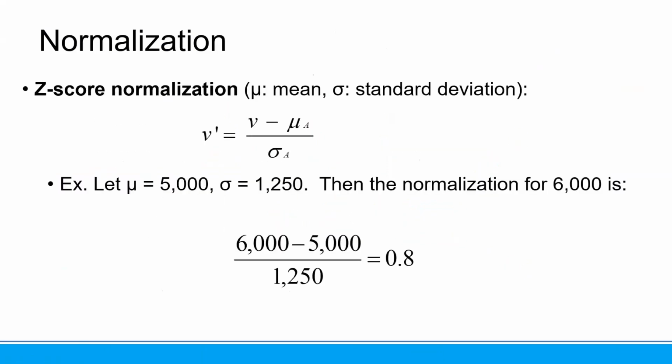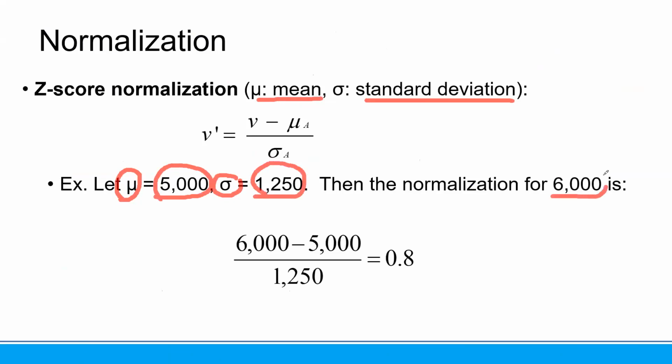Z-score. What is Z-score? The Z-score normalization is used if we know the mean and we know the standard deviation. So let's say I have the mu. Mu is the mean of the population, and then sigma is the standard deviation. The mean is 5,000 and the sigma is 1,250.